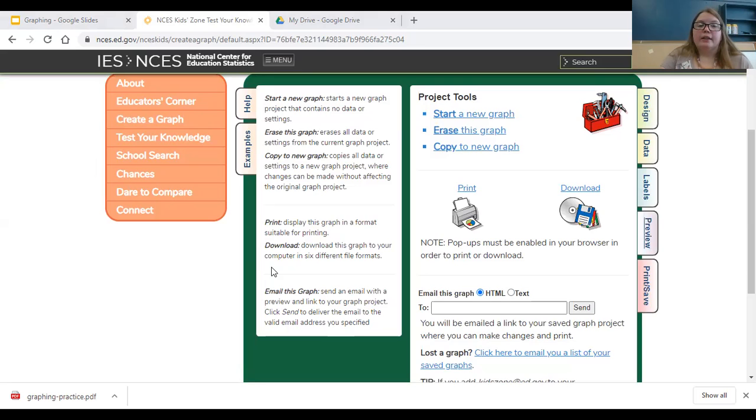So I can click it and it will open up my graph and I can put it somewhere else. It'll load. There we go. See, there's the graph I made. All right, so that's a second way you can do this.